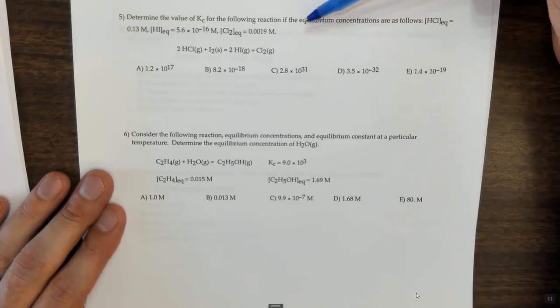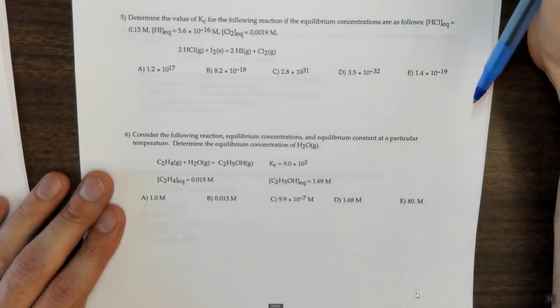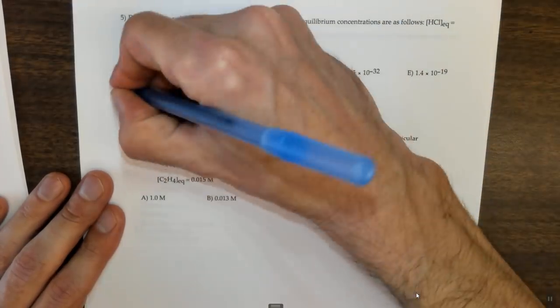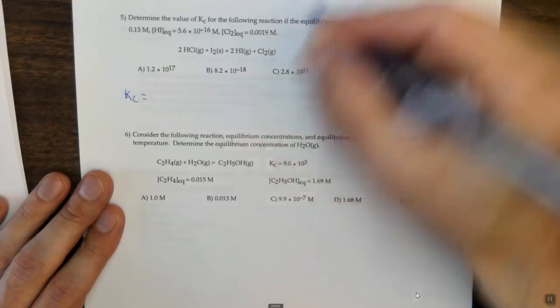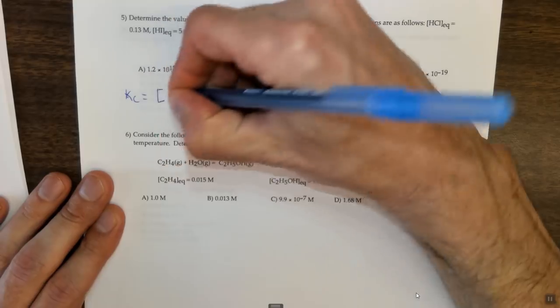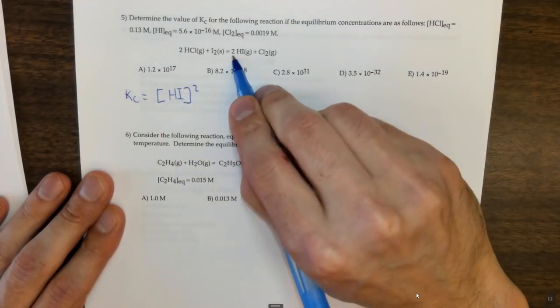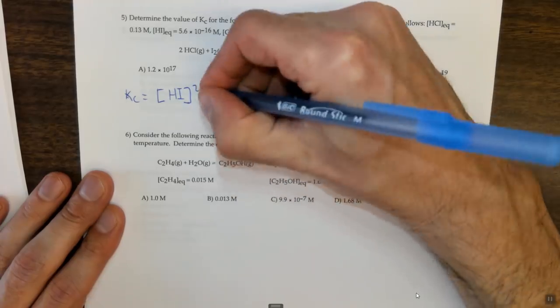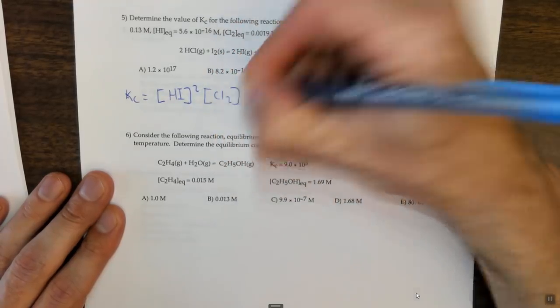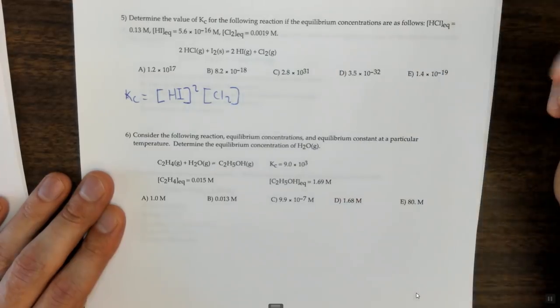So let's start by writing the Kc expression and then plugging in the equilibrium concentrations that were given in the problem. So Kc is equal to the first product on the top, the concentration of HI squared, because there's 2 of them, times the concentration of Cl2, there's only 1, so we don't do anything, or we put a 1 there, however you want to think about it.